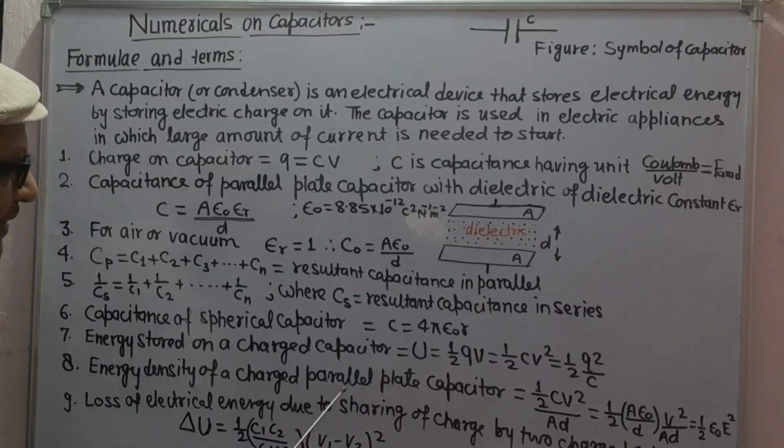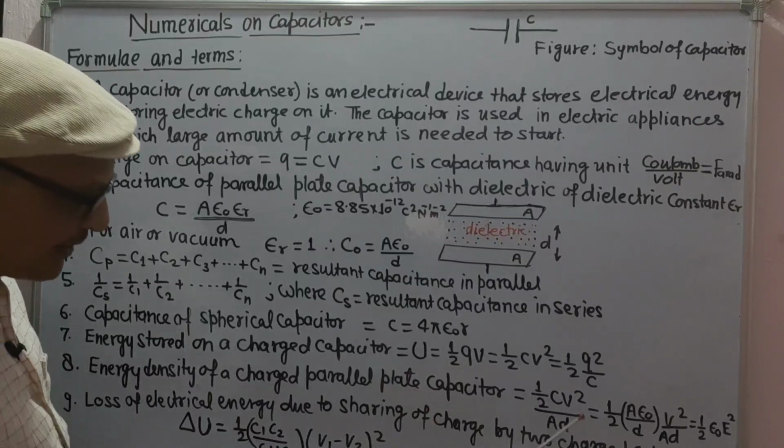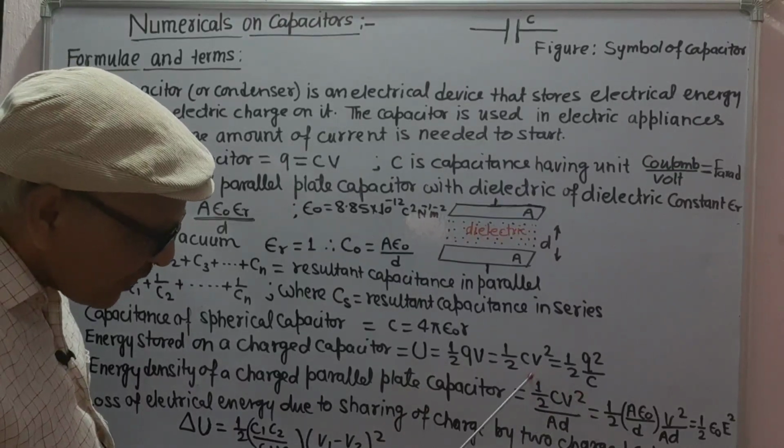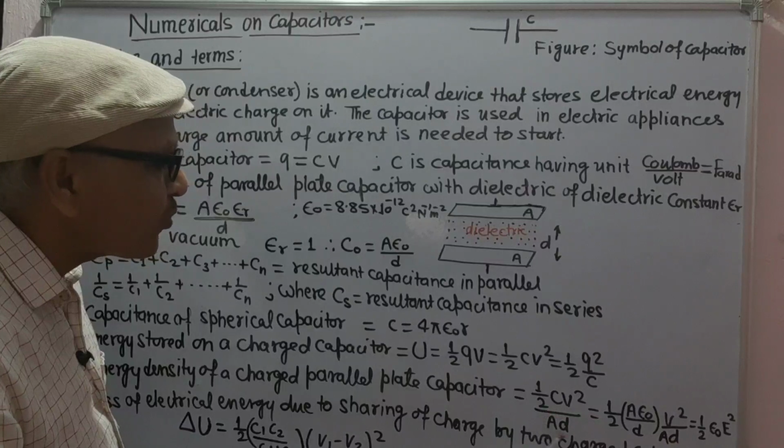Energy density of a charged parallel plate capacitor is the ratio of energy stored to the volume.